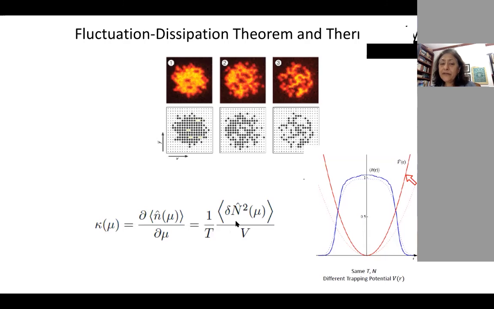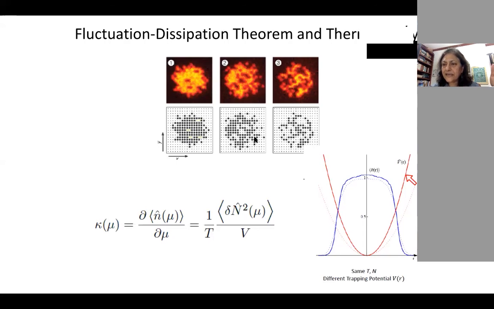And one very important thing is that recently in these cold atom experiments, they can actually do single site imaging. So they can look at single sites and see if there is a particle there or not. And they can make a whole density map.